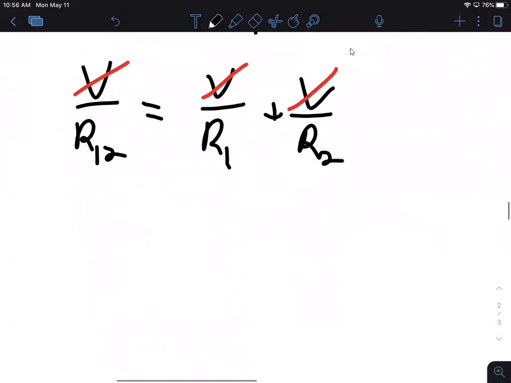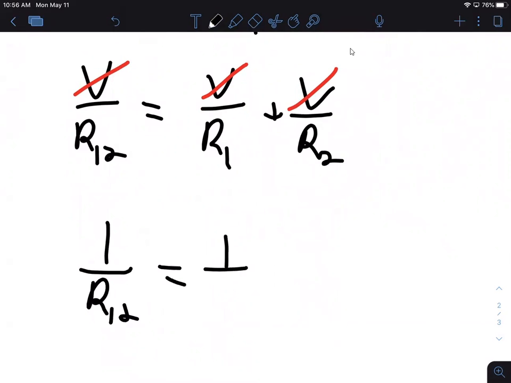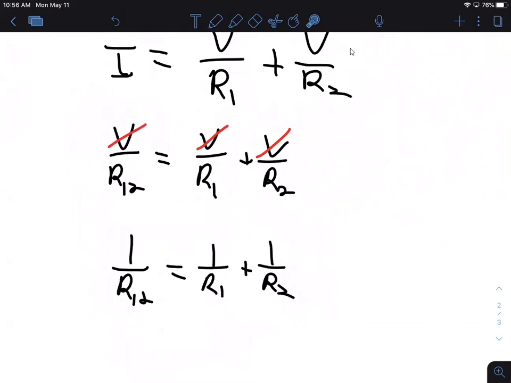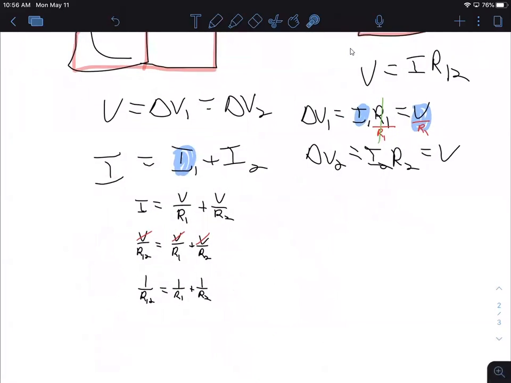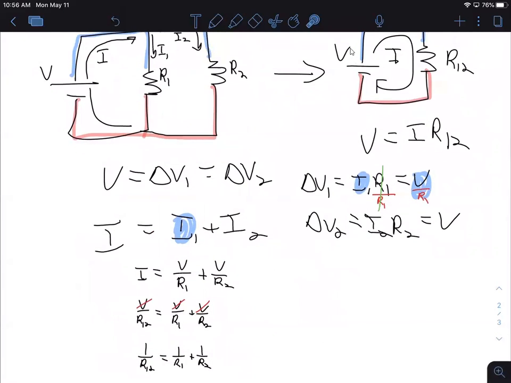And I'm left with 1 over R12 equals 1 over R1 plus 1 over R2. So this is a kind of strange looking equation, but that's what ends up getting for a parallel circuit.